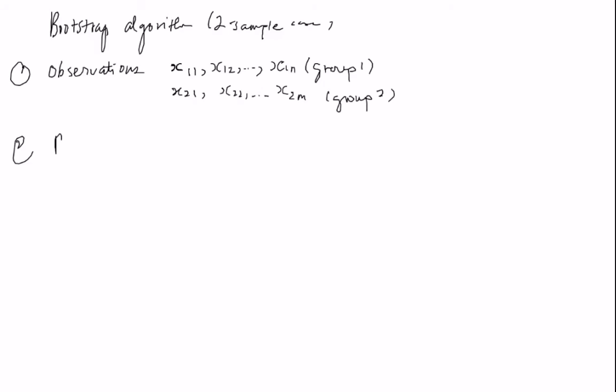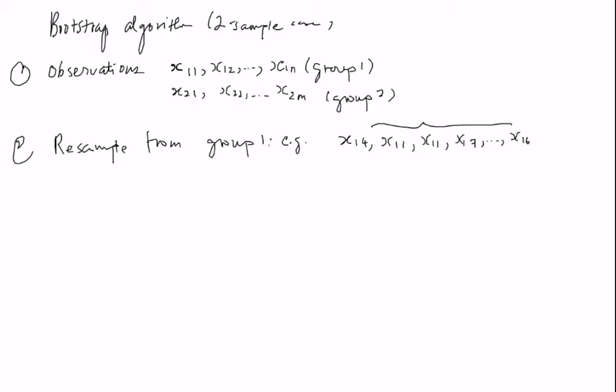So then you resample, right? You resample from group 1. So you get maybe some pseudo sample like this: X14, X11, X11, X17, and so on, to X16, for example. So the length here is N, okay?